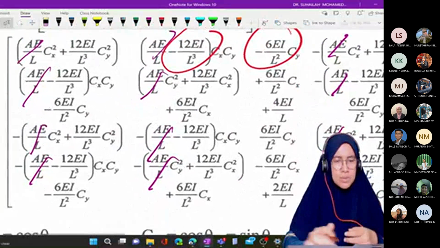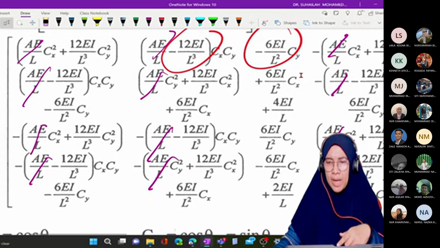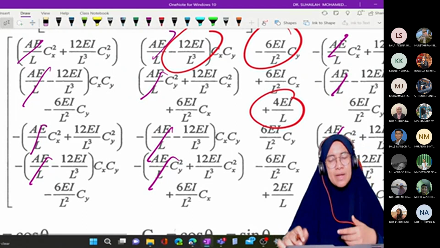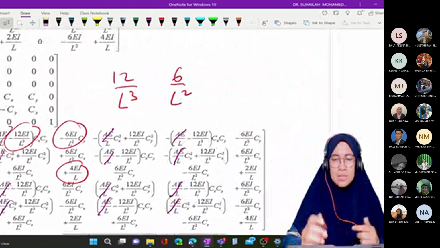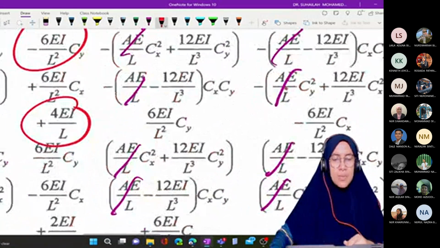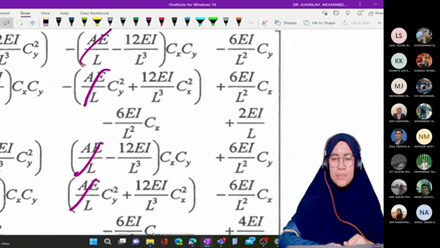This one also 12 divided by L cube, 6 divided by L square, and then 4 divided by L. 4 divided by L, and then we have 6 divided by L square. This is also 6 divided by L square.